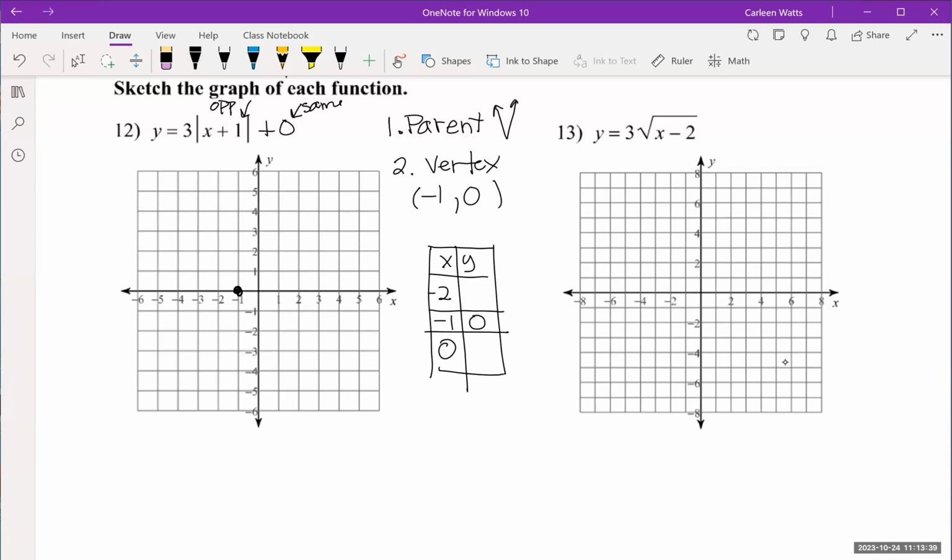So I'm going to plug in -2. Y equals 3 times absolute value of -2 plus 1. So that's 3. Do the absolute value first.